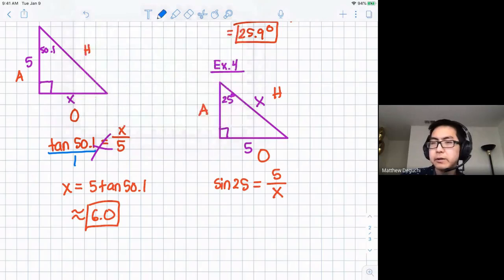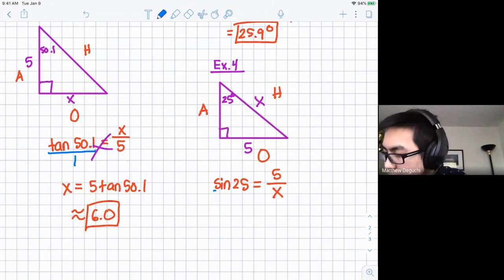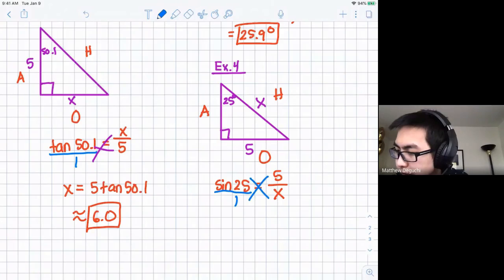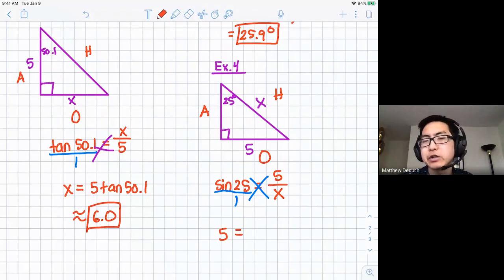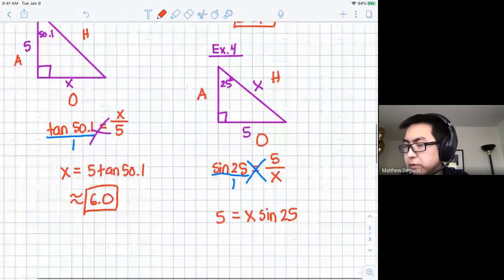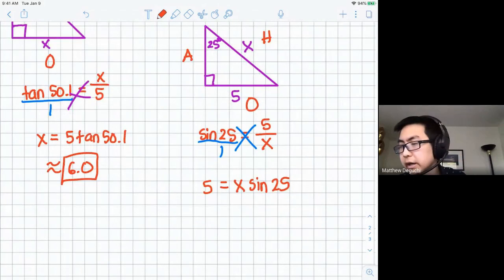And then from here, you have to cross multiply. So put this over 1, cross multiply. So we get 1 times 5 is 5, and that's equal to x times sine 25, which is x sine 25. Now remember, you're trying to solve for x, so you have to isolate x.